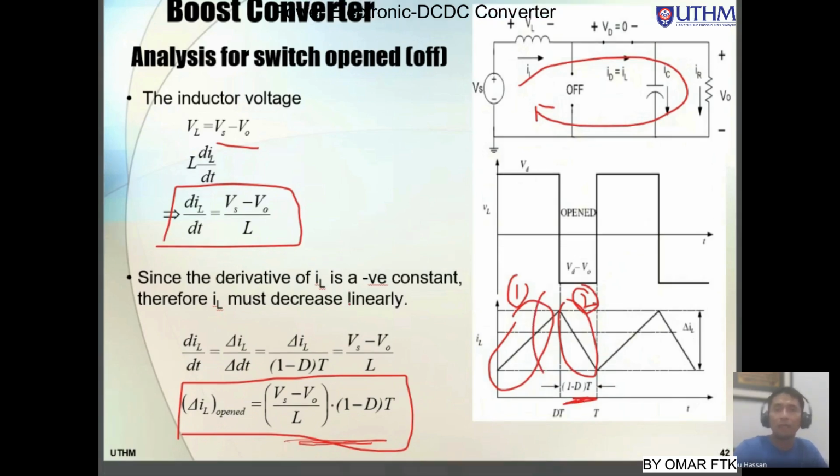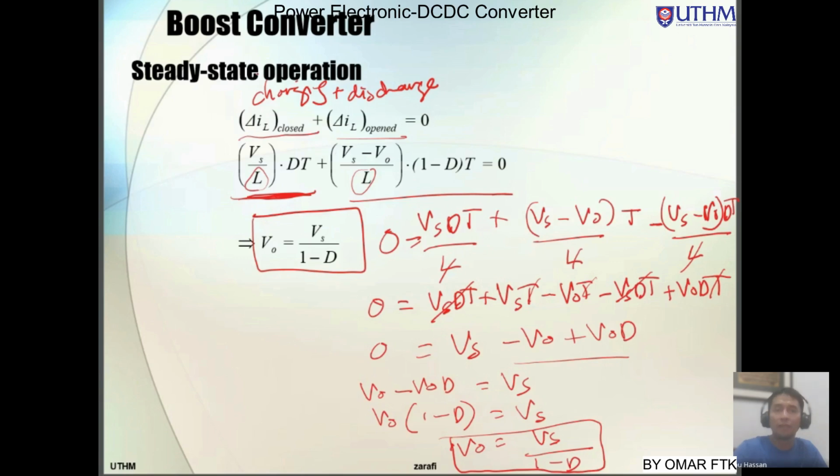So from that, we know that during steady state operation, the total of the current during charging and discharging will be equal to 0. So delta IL close plus delta IL open equals 0. This one uses the first model and this one uses the second model.